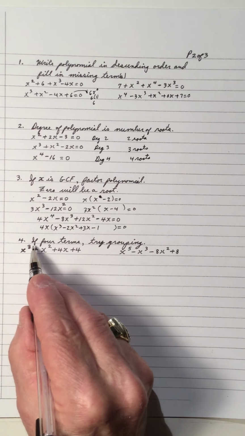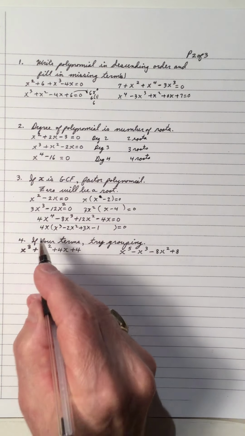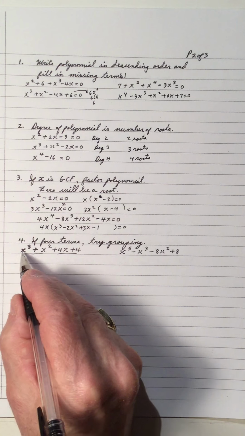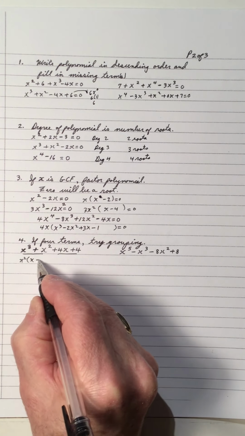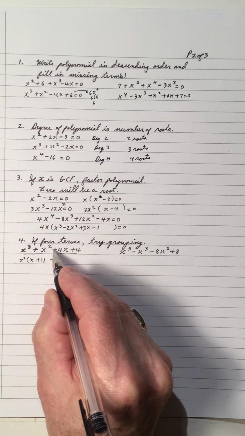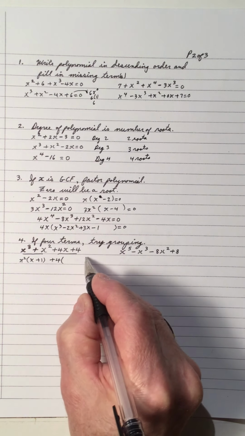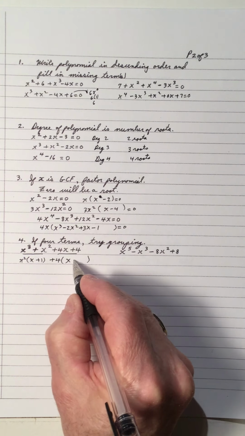The other thing I look for is if I have 4 terms, I try grouping. So if you have 4 terms, I group them in pairs, 2 and 2. So in these 2, I have an x squared, so I take it out, so I get an x plus 1. And here I see that's a plus, whatever this sign is, that's what goes here. 4 is common, so I take the 4 out. 4x divided by 4 is x. 4 divided by 4 is 1.